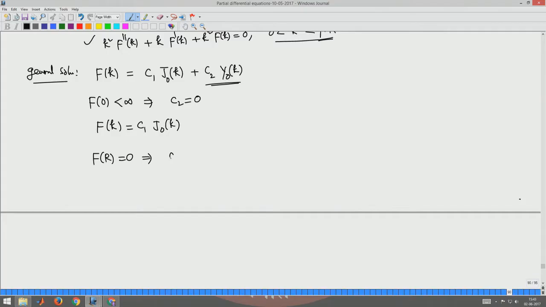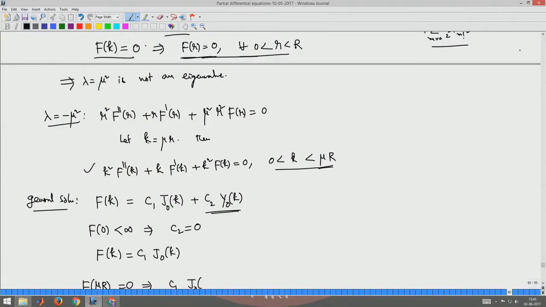Because f at R is f at k by mu, f at R equal to 0 implies f at k, where you have to replace k with mu R by mu, equals f at R, which is 0.